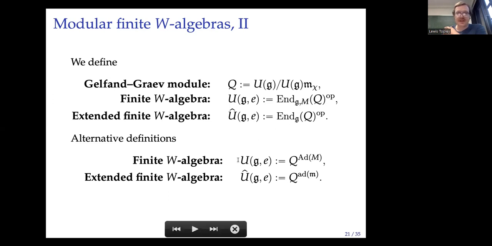So another way of writing this down is that the finite W-algebra is isomorphic to the invariant ring by the group inside this module. The alarm bell should be ringing now because this shouldn't be an algebra. This is a left module and I'm taking the invariants inside it.